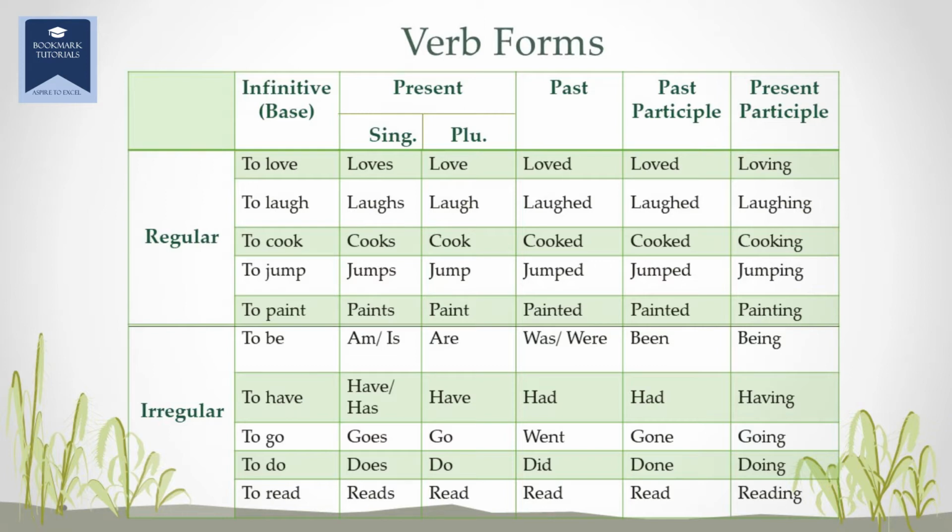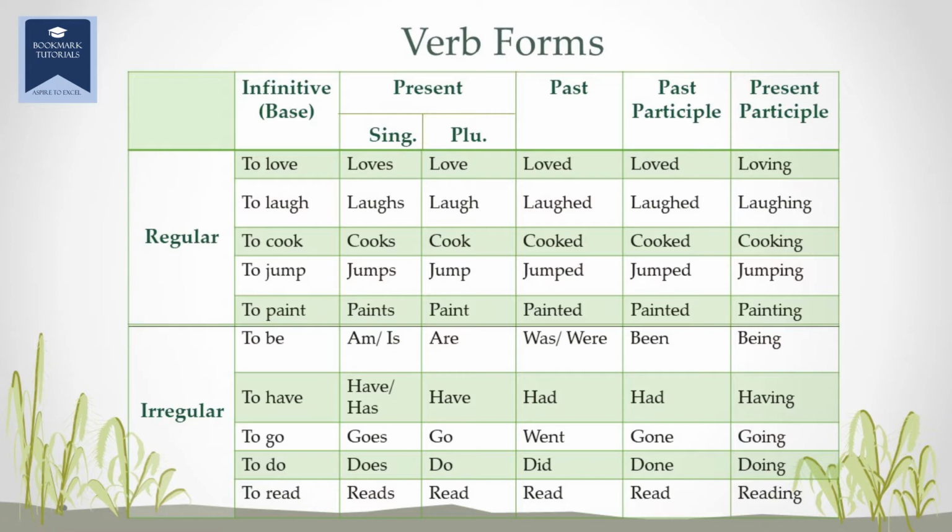Here I have given a chart of forms of verbs, and I have included some very common verbs that we use. We can see that some of the most commonly used important verb forms such as to be and to have are irregular. The present form of to be is am and is.